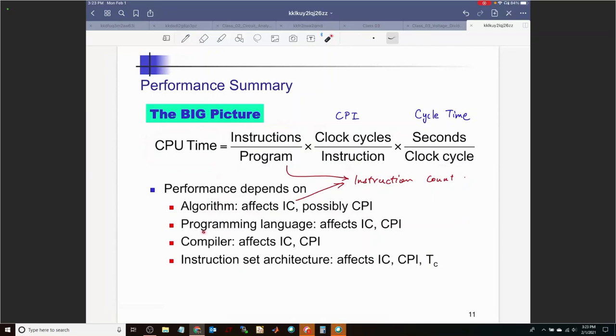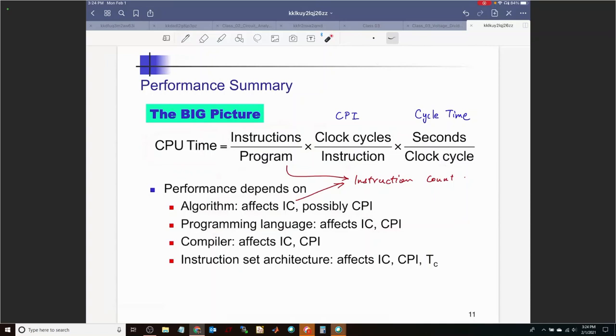Next, programming language. It also affects instruction count and it affects clock cycles per instruction. How? Well, for example, if you are looking at, say, Java, right? Java has a heavy support for data abstraction, which means that it will require many indirect calls.